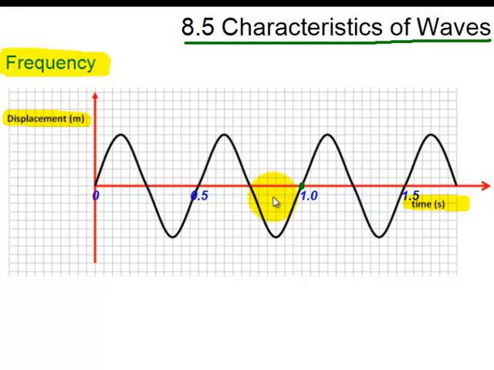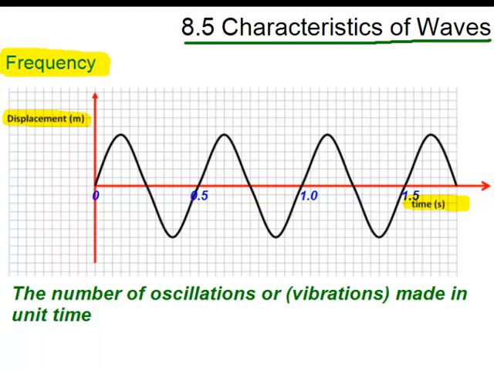2 Hz. We are going to see that the SI unit of frequency is Hz. But first of all, let us understand what is the meaning of frequency. Frequency is the number of oscillations or vibrations made in unit time. For instance, here I have 2 oscillations per second.